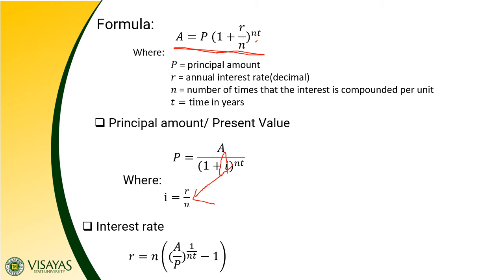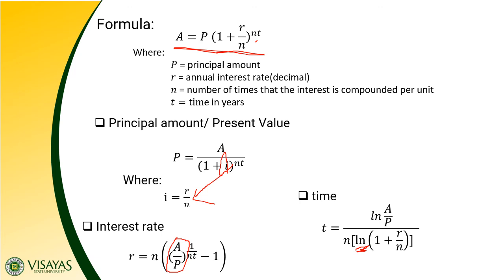Yung exponent natin na 1 over N times T is exponent ng quantity na A divided by P. Okay? And for time, we have T is equal to the natural logarithm of A over P, divided by N times the quantity of the natural logarithm of 1 plus R over N. Yung natural logarithm actually is nasa calculator. No? May mga calculator naman siguro kayo.